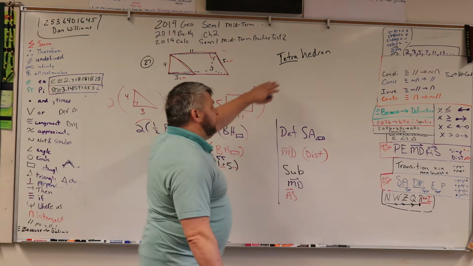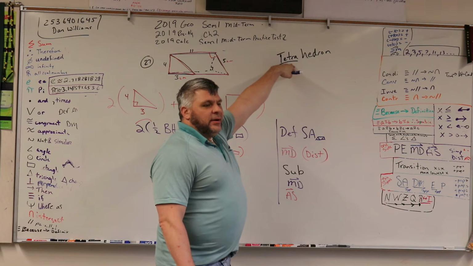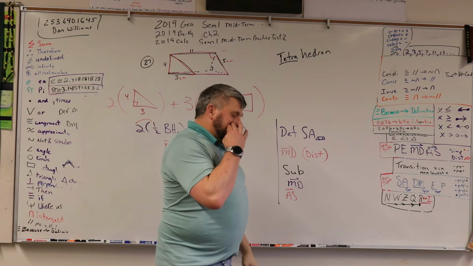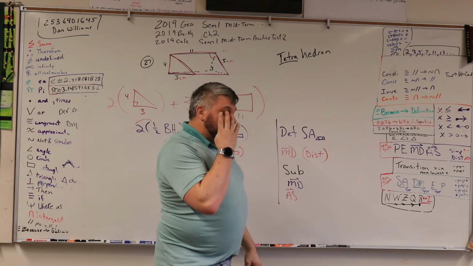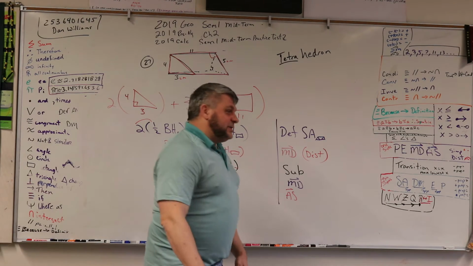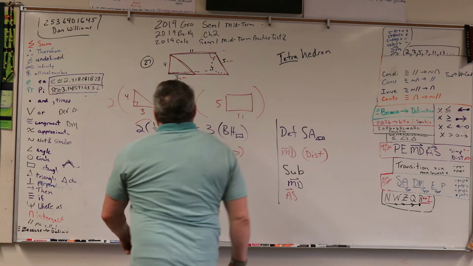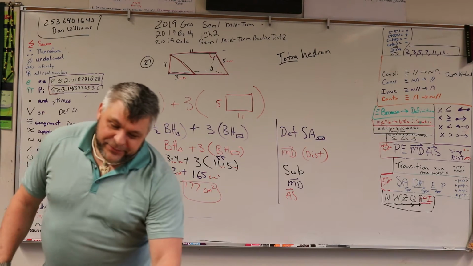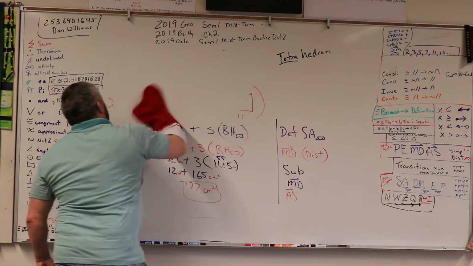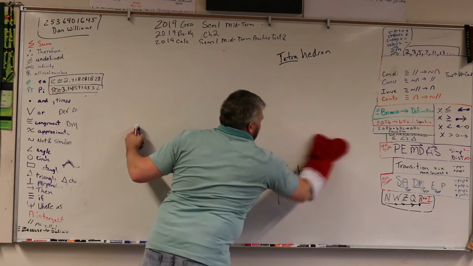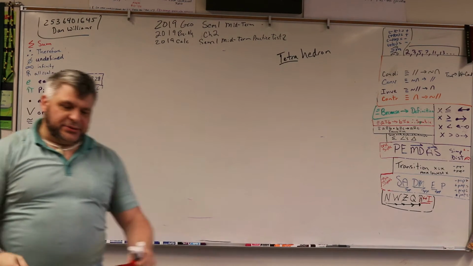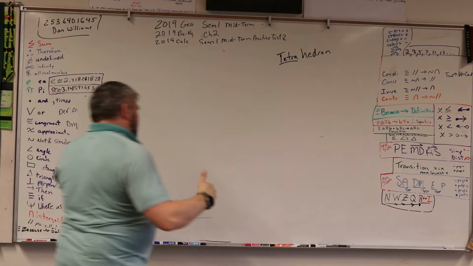What's tetra mean? 4. I don't care what people say about you, you're pretty smart. 4. Okay? So a tetrahedron is created by 4 triangles. Okay? 4 triangles.